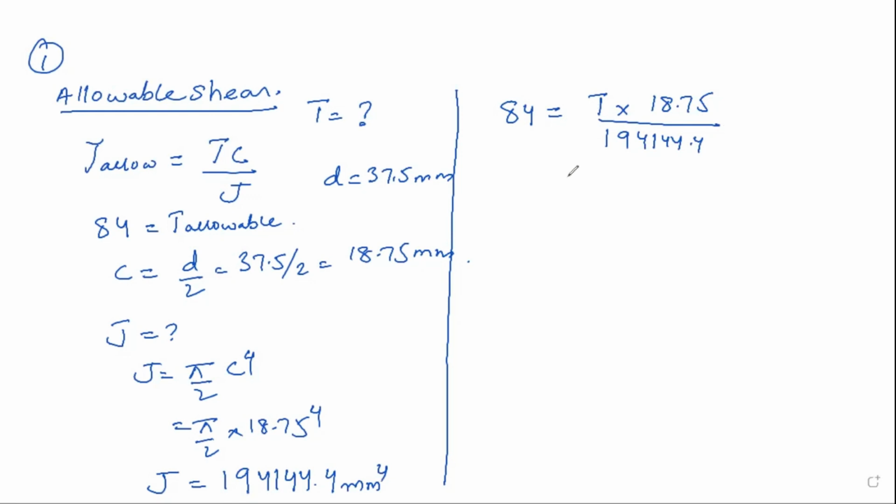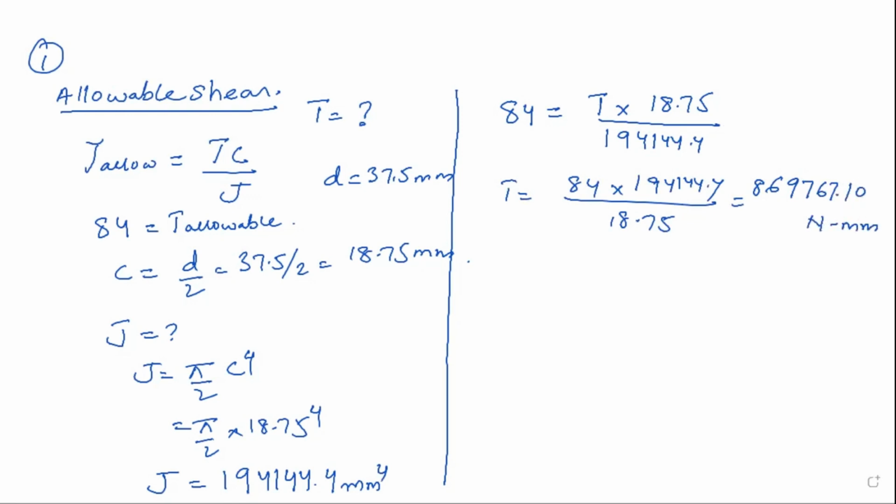To determine T, we can say that 84 multiplied by 194,144.4 divided by 18.75 is equal to T. It will be 869,767.10. And what is the unit? Newton millimeter.